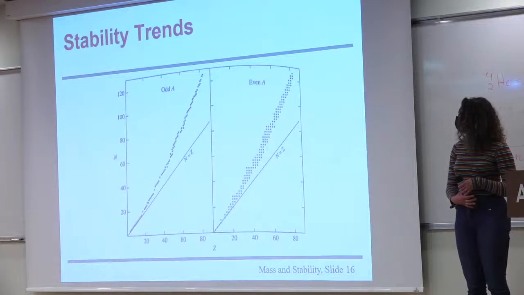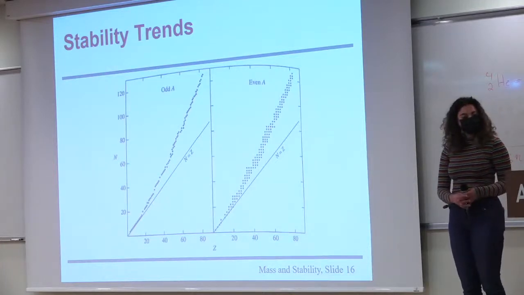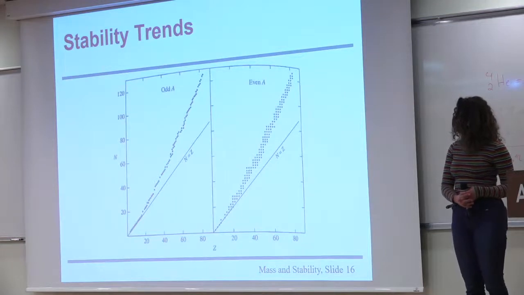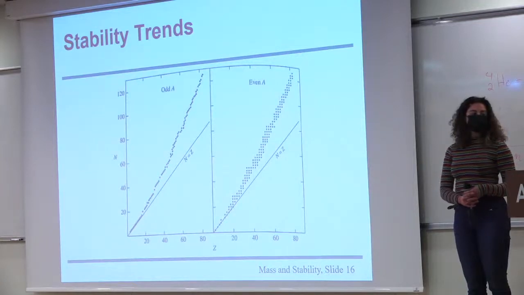But you can also see that as you go into heavier and heavier elements, things at the bottom of the periodic table, you get a lot more neutrons than protons. You can think of this as, with more and more positive protons showing up, you need more neutrons there to keep them apart. Otherwise that Coulombic force would just tear the atom apart, so you need more neutrons to really hold the nucleus together.